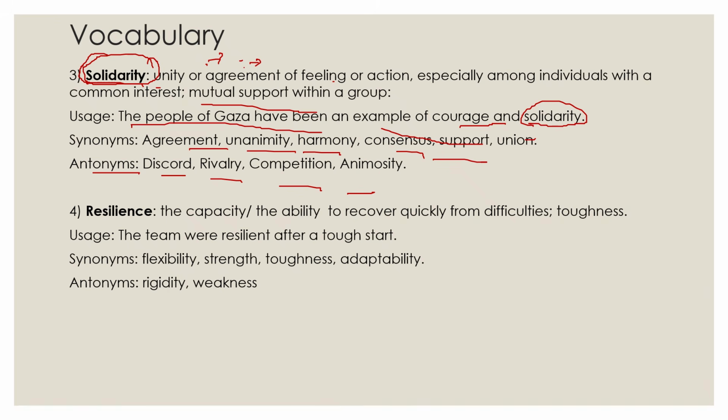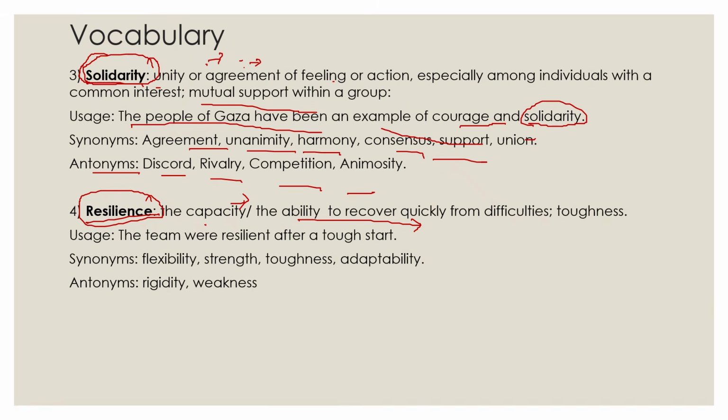Okay, so the next one, resilience. You must have seen this word in the newspaper, in the sports page. For example, if you're watching tennis and some person is down a set, that means in the first set he has lost, and in the next set he recovers quickly and wins.